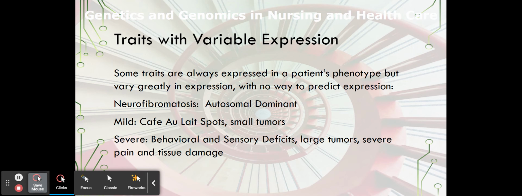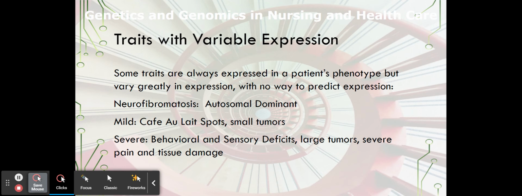Traits with variable expression. Some traits are expressed in a patient's phenotype, but they vary in expression, and there's no way to predict how mild or severe that expression is going to be. The example I'm going to use is an autosomal dominant disorder called neurofibromatosis.